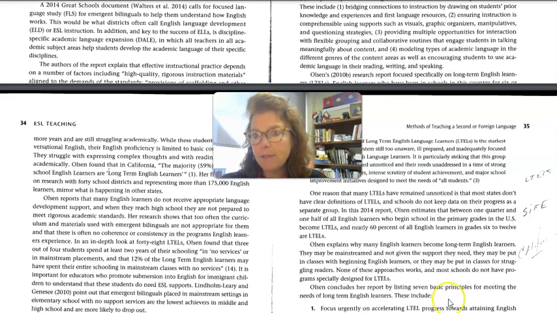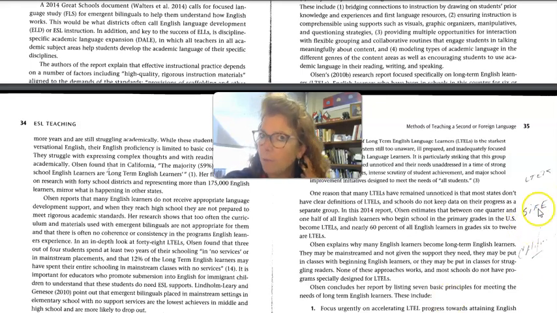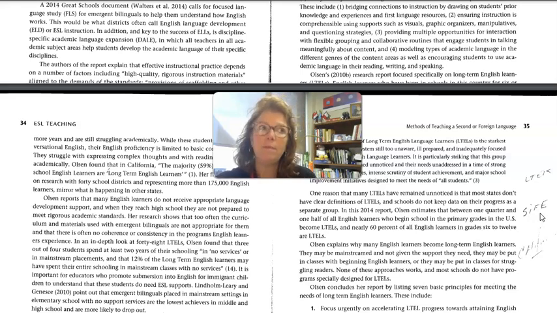The other are SIFEs, and we have a lot more SIFEs now. And SIFEs are students with interrupted formal education. These are usually our students that have been refugees, and they are in their home school, in their home country, let's say Somalia. They flee the country. They're put in a refugee camp for a year, 18 months.